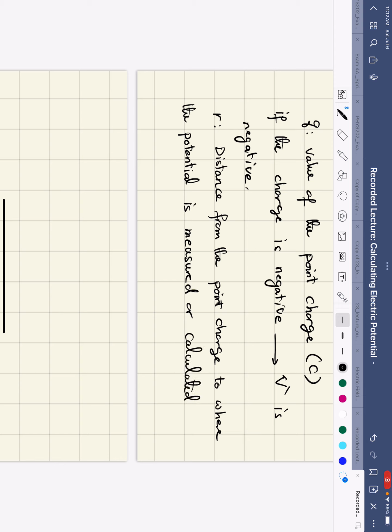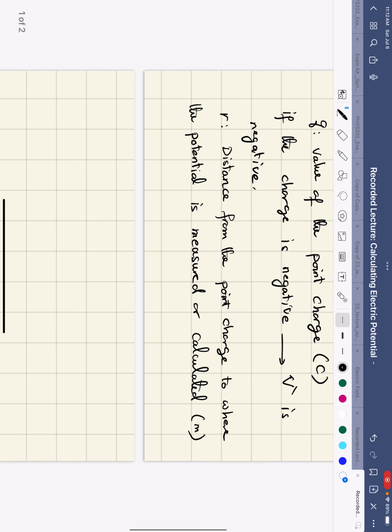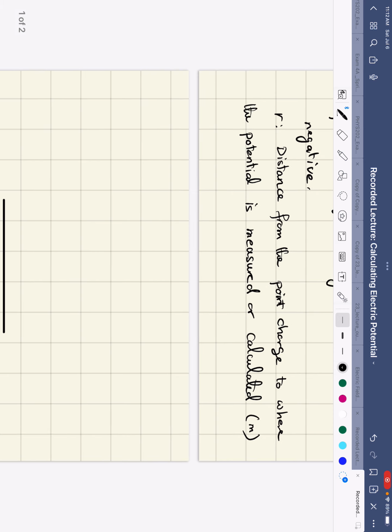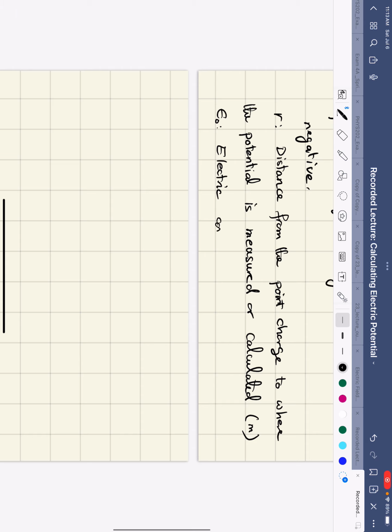In electricity and magnetism, we don't work with non-SI units. When it is centimeters, it should be converted into meters. If we have mass in any equation, it should be in kilograms. And here, of course, epsilon 0 is the electric constant.